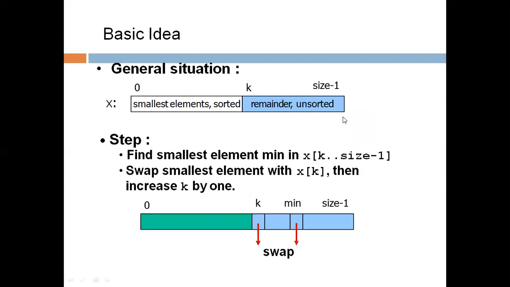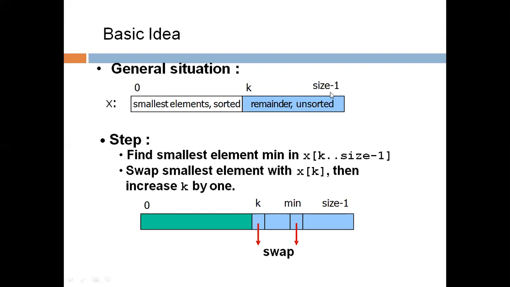So selection sort, what is the basic idea of selection sort? Suppose this is our array x, and in this array x we have elements, whatever size you may initiate. In terms of C, the index starts from 0.